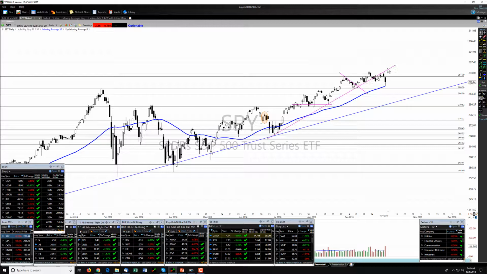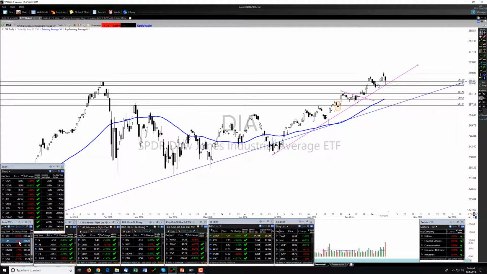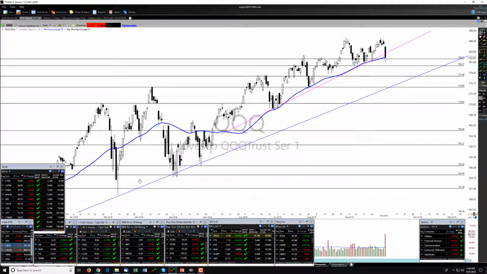We may have an M pattern here at the top in the SPYs, and of course it's not quite as clean a type of M pattern in the Diamonds, and the Qs are pretty obvious.